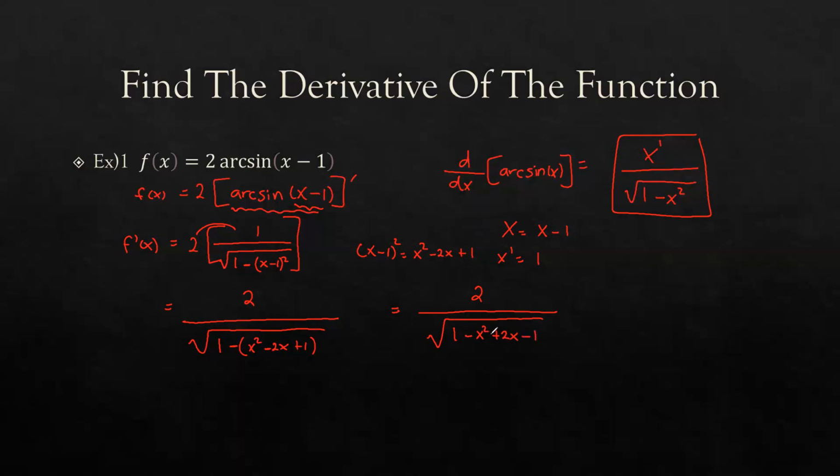And simplify as much as you can. What can you do inside the radical? I believe that the 1 and the negative 1 cancel completely. So you're left with 2 over the square root of negative x squared plus 2x.